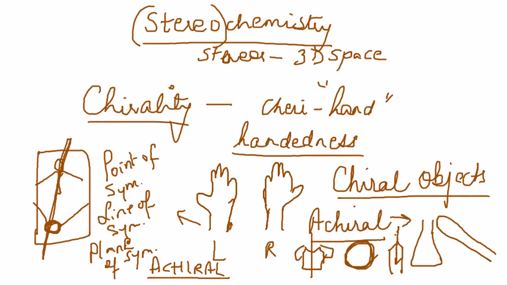So the point of discussion in class was things like an Erlenmeyer flask, for instance. You can divide the Erlenmeyer flask into two equal halves, and so you would say that that particular object is going to be achiral. On the other hand, if you cannot do that, if there is no plane of symmetry that divides your object, so for instance, if you try to perhaps draw a line through your right hand or through your left hand, the two halves that you get, they are not identical to each other.